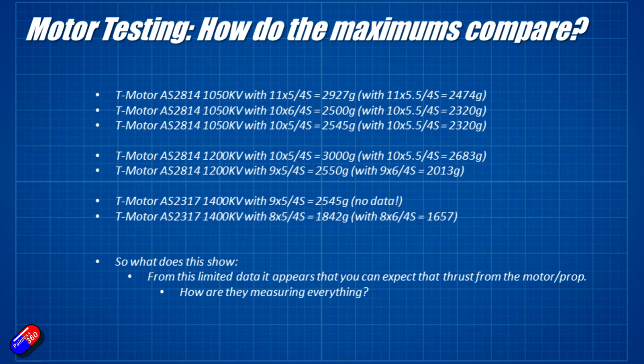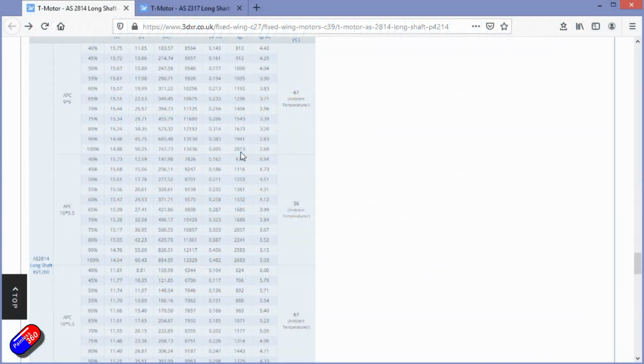And again, caveat, none of this is scientific equipment. We were getting consistently higher pulls than the data in the table. So from that, I can take away that with the thrust data in the T-motor tables, particularly with the aeronaut props, in static testing you are going to get more thrust, and that's really good to know.